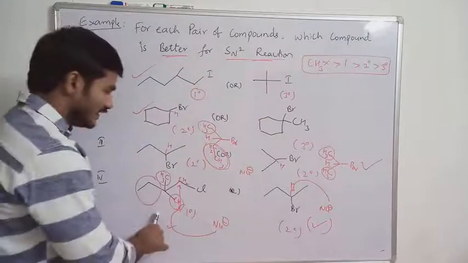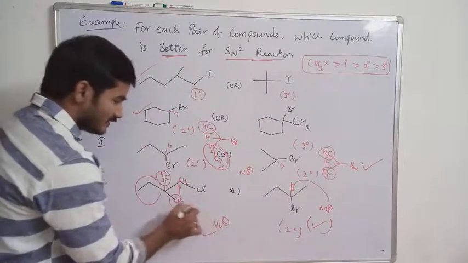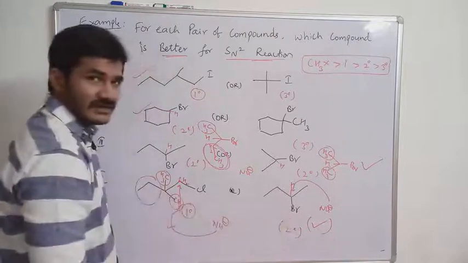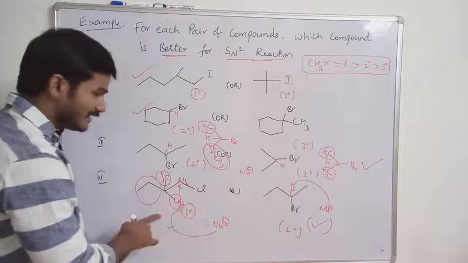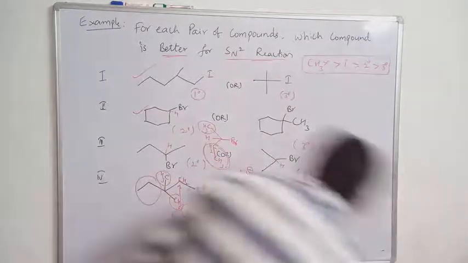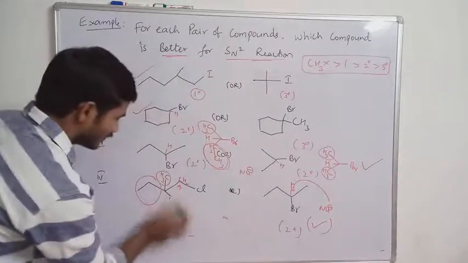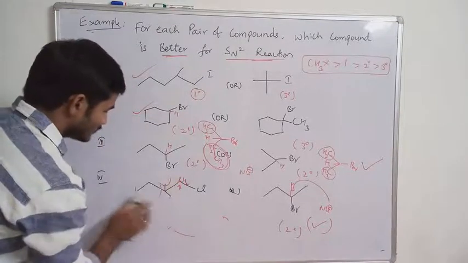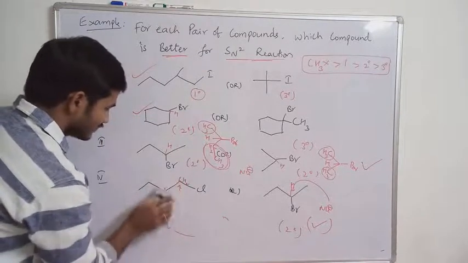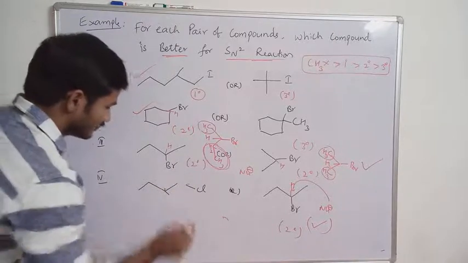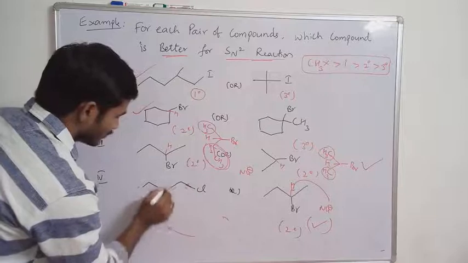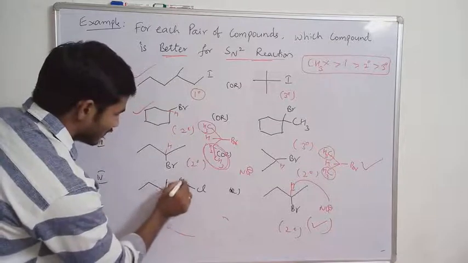I'll explain this once again. This is primary and this is secondary. Of course, primary should be more reactive compared to secondary. But here, observe this molecule particularly. This is the primary carbon.